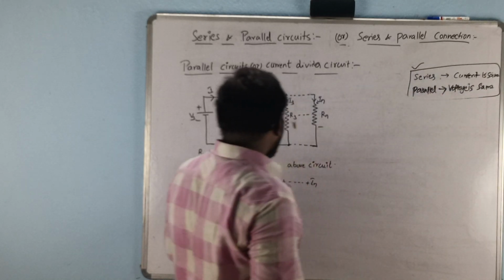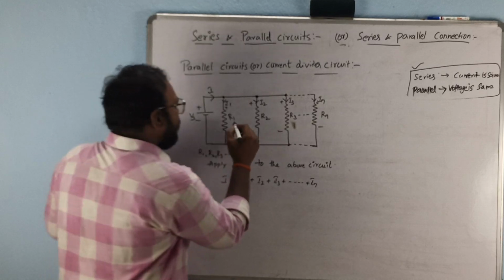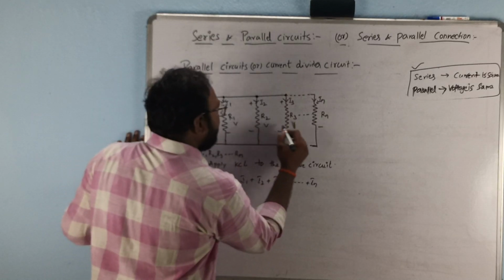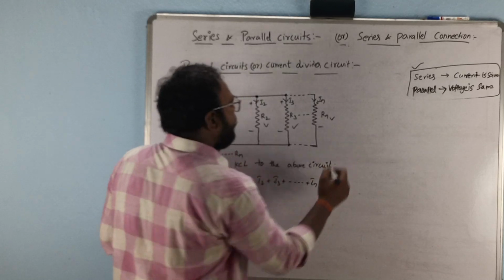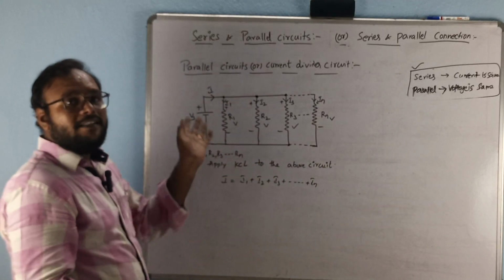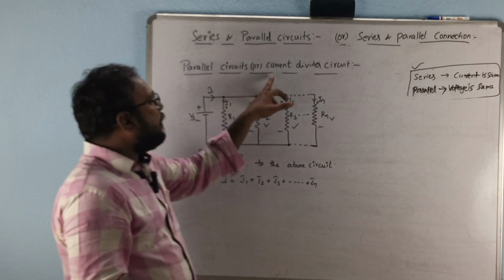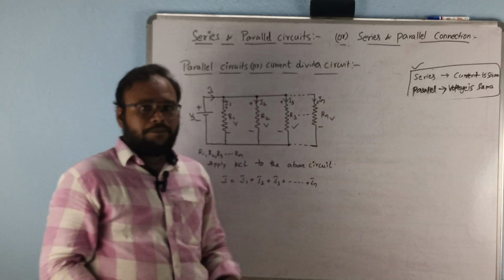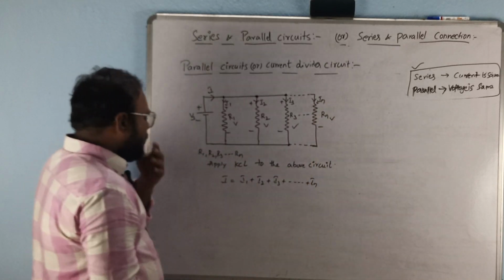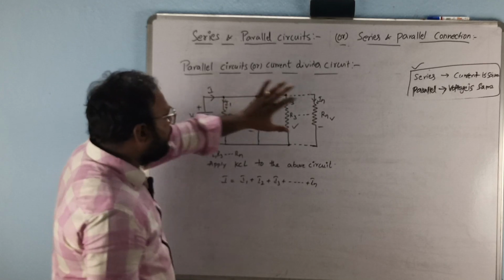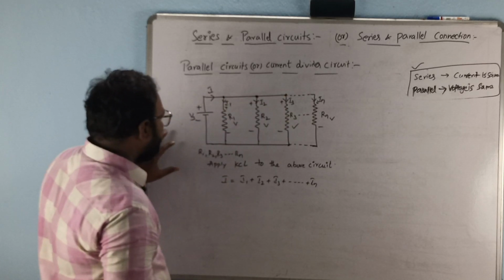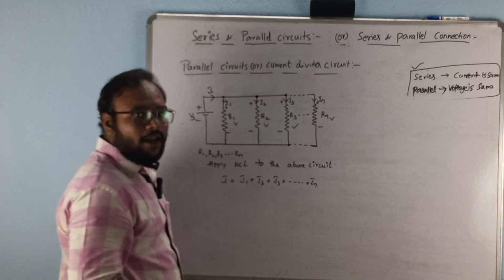So it is a parallel circuit, so voltage across each and every element is V, but the current is different. The current is divided here. That's why we call this the current divider rule. If you observe here, with source Vs, all elements have the same voltage across them.